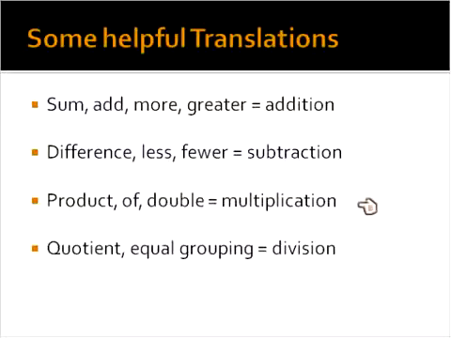When you see the words product or of, it sometimes means multiplication if it's by itself, and double or triple will mean multiplying times 2 or times 3 respectively. Division, when they speak of equal grouping, they're talking about division, or a quotient. Quotient will probably be the word that you'll see the most to represent division.